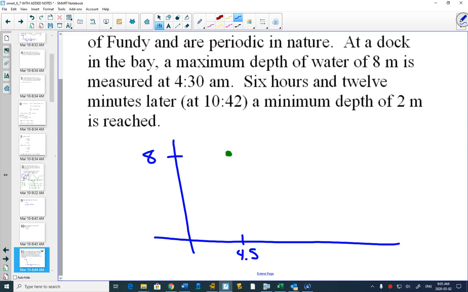So if this is 4.5 hours, 6 would be a little bit more. What decimal place am I going to write for 10:42? Close. How do you figure that out? It's more than half, right? Because if 4:30 is 0.5, 42 minutes will be more than half.